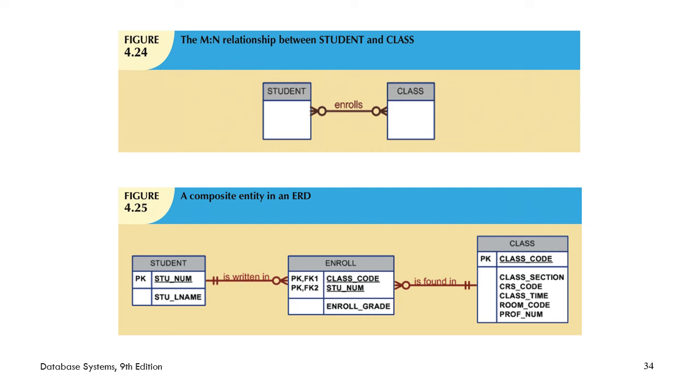Look at this: student enroll class, and then the enroll is converted into the composite entity. Look at the primary key: the class code and also the student number. The number comes from here and the class code comes from here. And they may also have their own attributes.